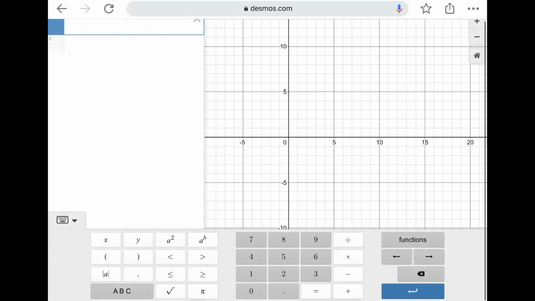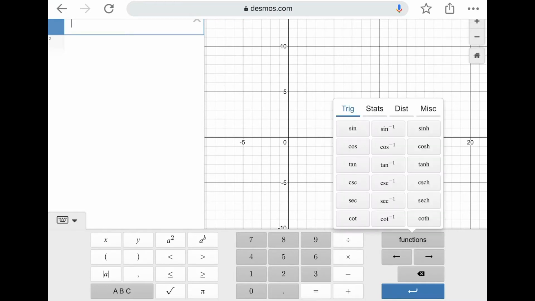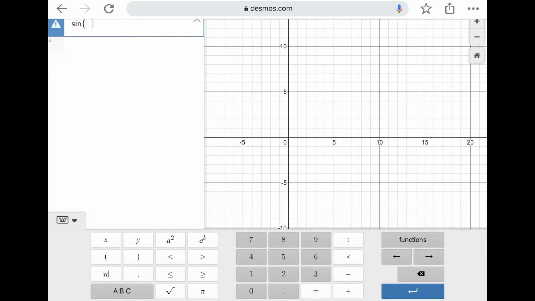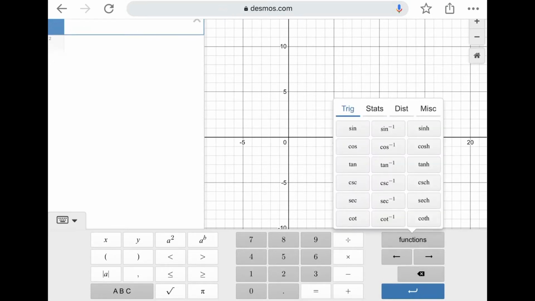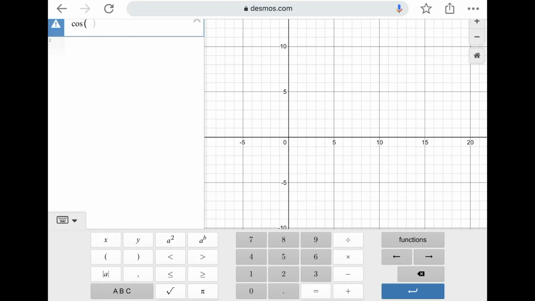To get cosine, I'm going to go to functions, and under trig, I've got sine, cosine, tangent, and I also have the inverses right beside them. I'm going to select cosine, and I've got cosine of 45.